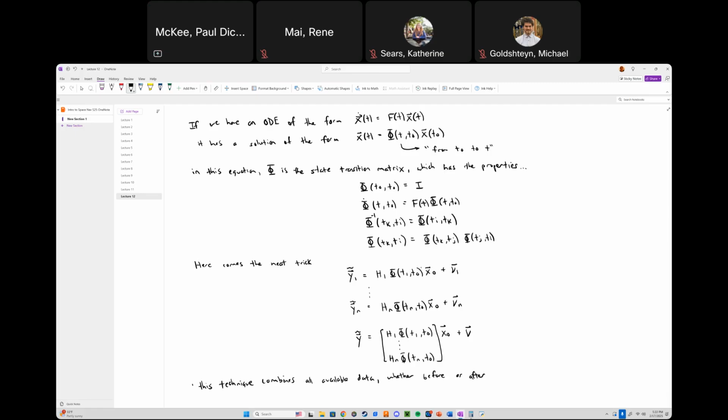We'll just say before or after the time in question. As I have written it, we're mapping back to some initial time, but you could just as easily map all this to a future time or a time that's kind of in the middle of the measurements, right? So this is just an example.